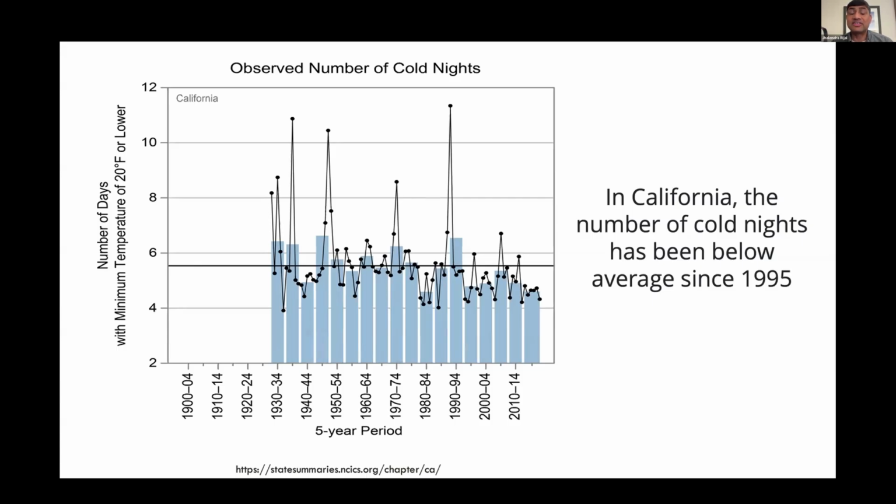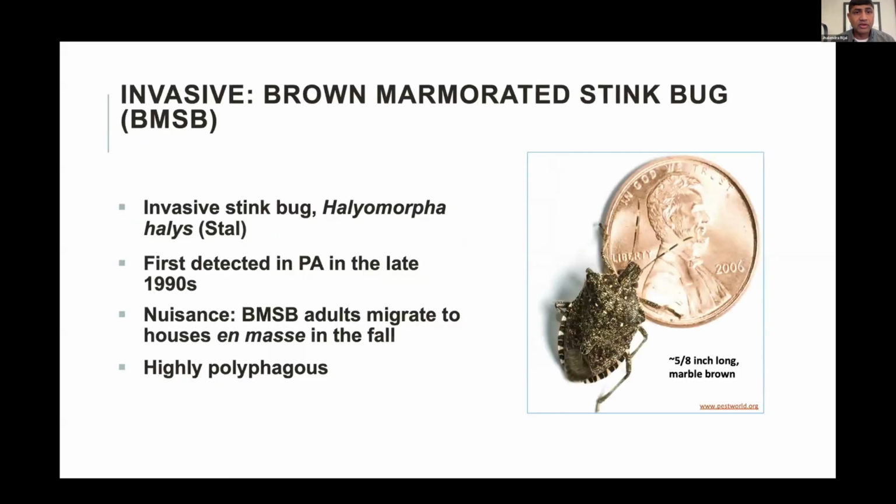Again, a 1 or 2 degree difference, lower or higher, makes a lot of difference for the insect world, right? So that could be one of the factors. We don't know, but we are definitely seeing increased stink bug pressure in tree fruits and tree nuts altogether.